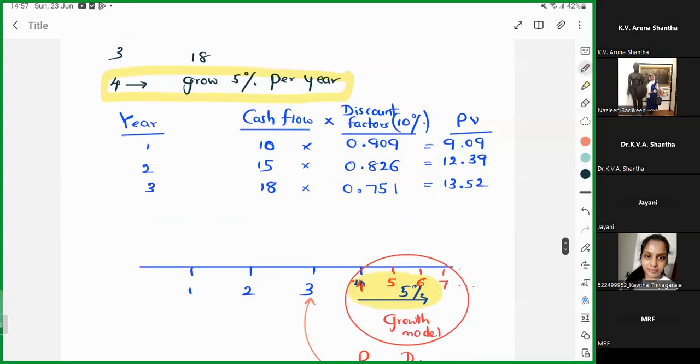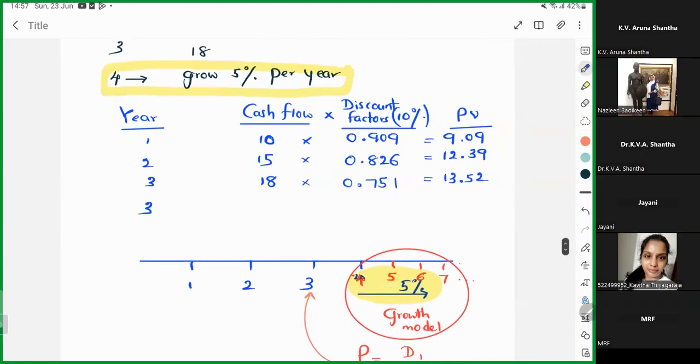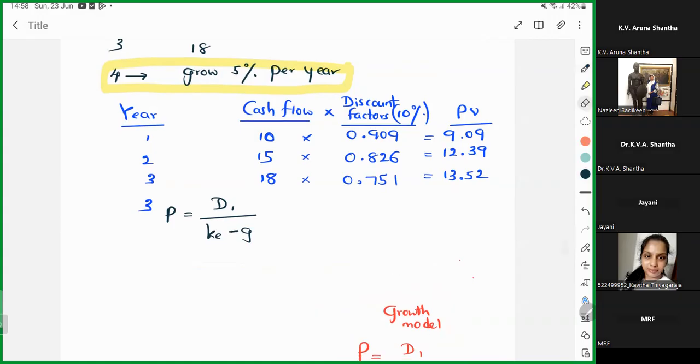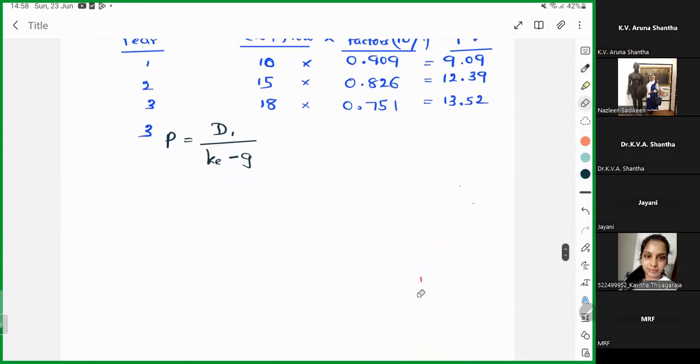Now you can get the end-of-third-year value of the rest of the dividend. The rest of the dividend means the dividend from the fourth year onwards, by applying the growth model. Now apply the growth model and get the P value: D1 divided by Ke minus g.